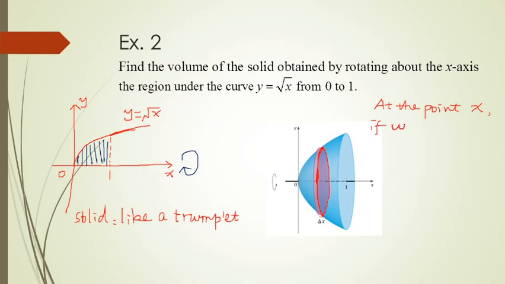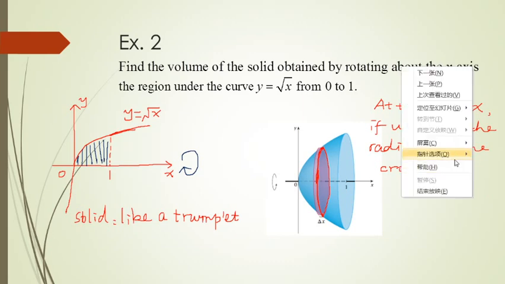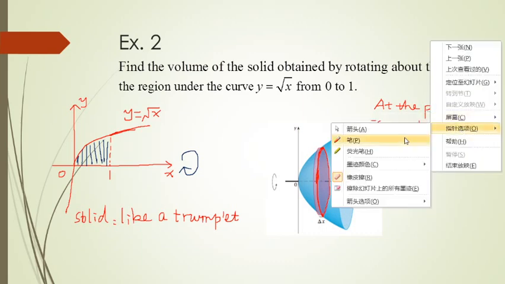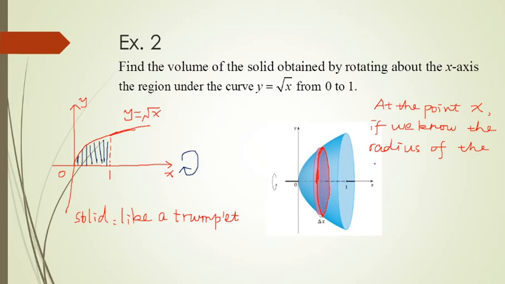So at the point x, if we know the radius of the cross-section region, if we know the radius of the circle, that is the region of the cross section, I would call it the cross-sectional region.